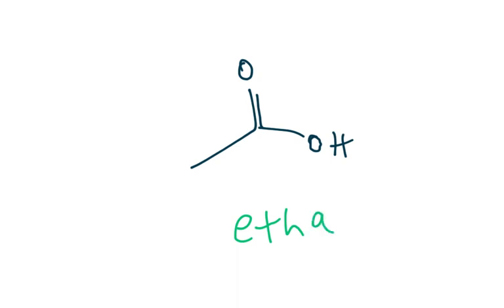It would be ethanoic acid. So whenever you see the suffix oic, you can probably tell that this compound is a carboxylic acid, right? So whenever you see oic, try to think of a carboxylic acid. Eth indicates 2 carbons, so ethanoic acid because it's a carboxylic acid.